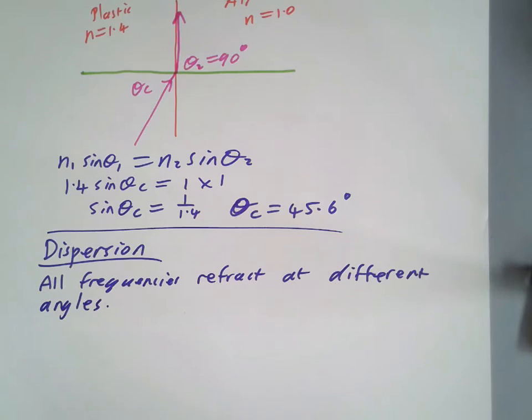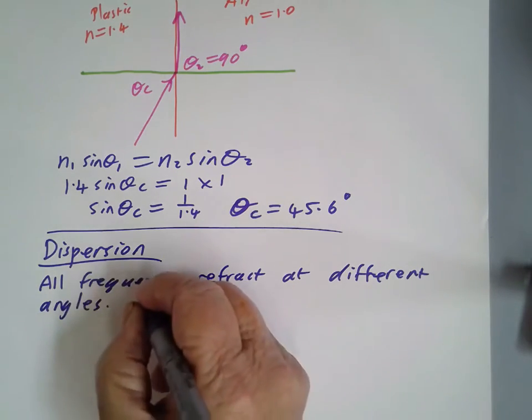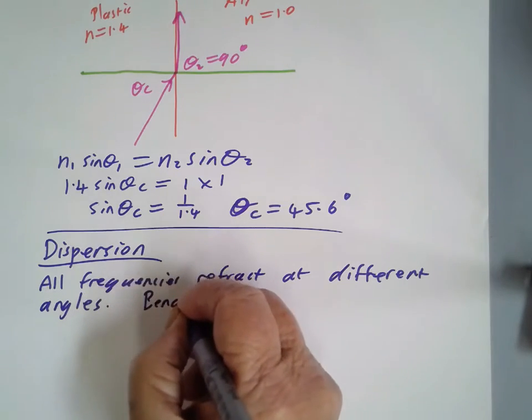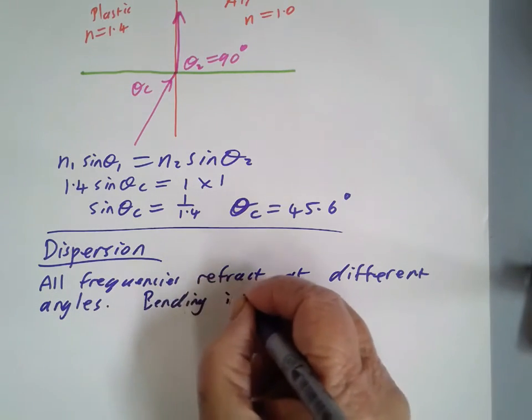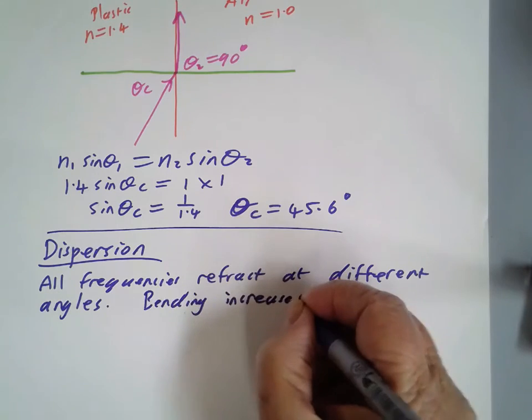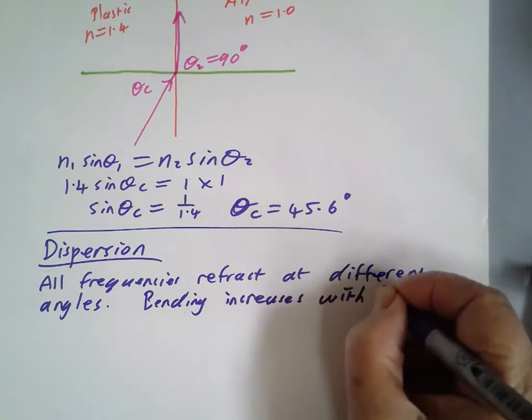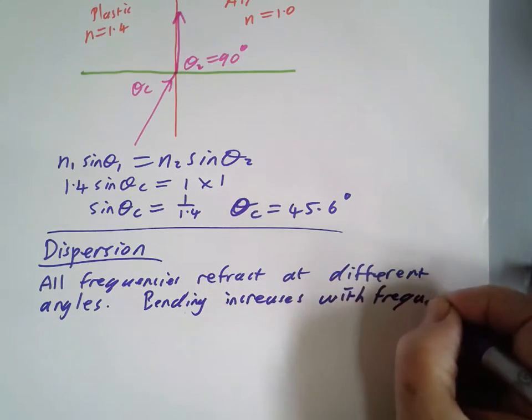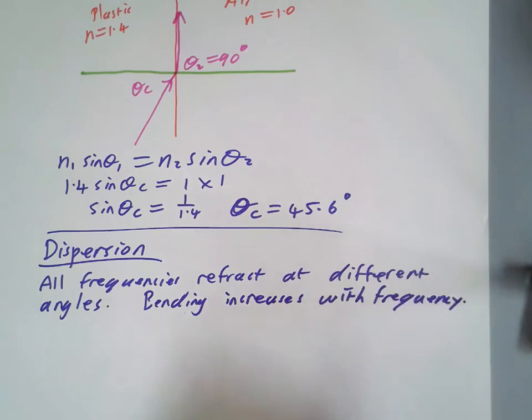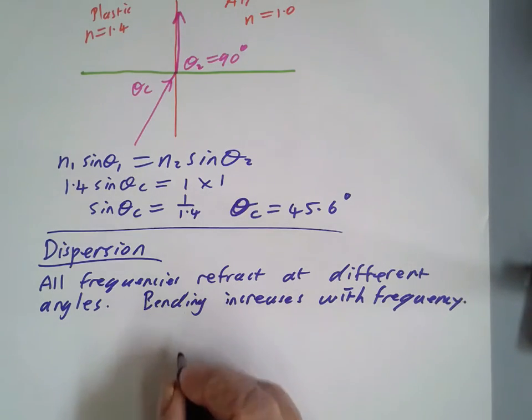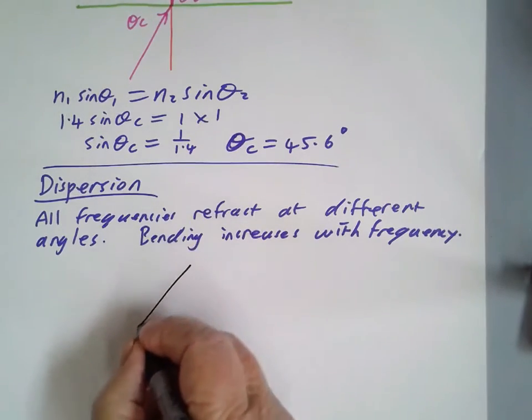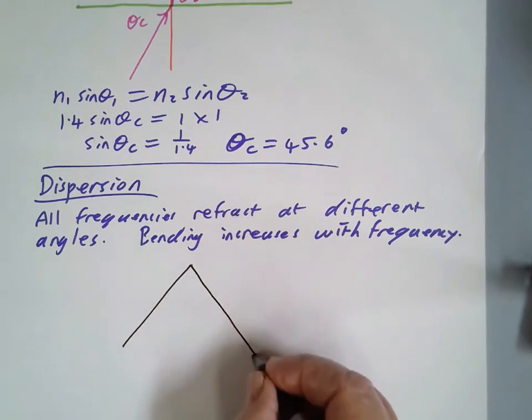So all frequencies refract at different angles, and bending increases with frequency. We will attempt to do a bit of a diagram of that with a prism.